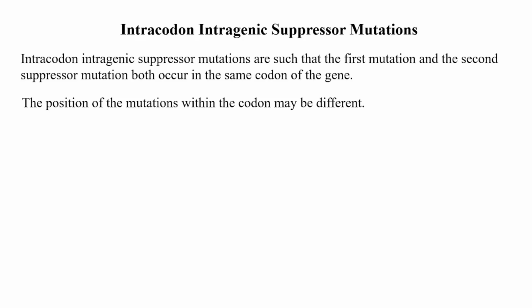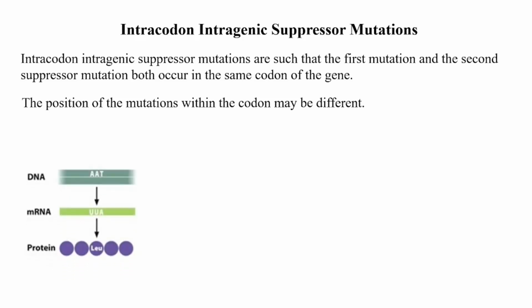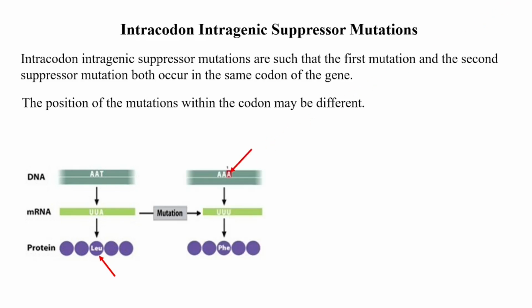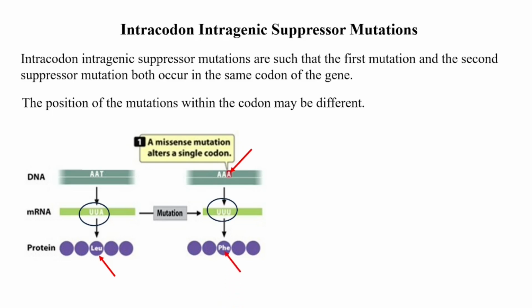For example, in this figure, the third amino acid in the protein is leucine. A point mutation in the third position of 5' AAT 3' changed UUA to UUU, leading to a missense mutation and incorporation of phenylalanine in the place of leucine.